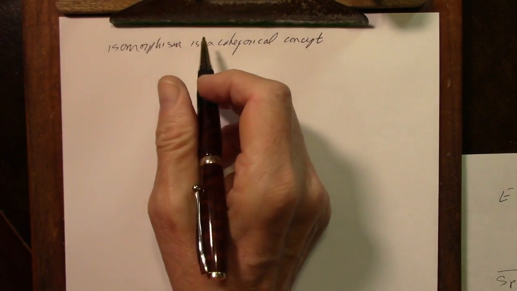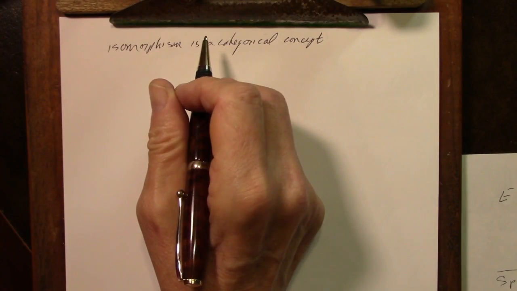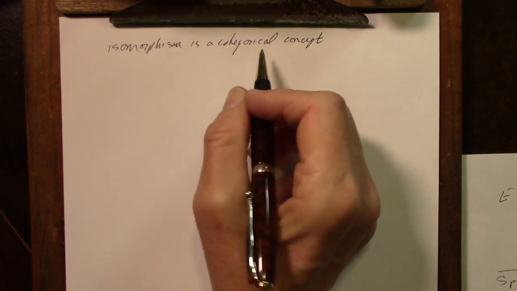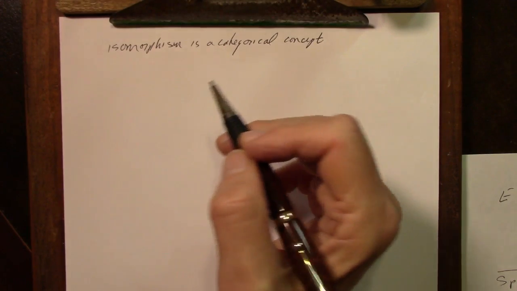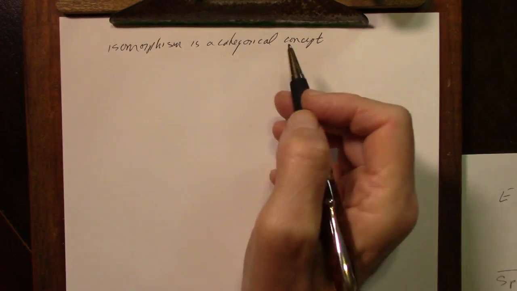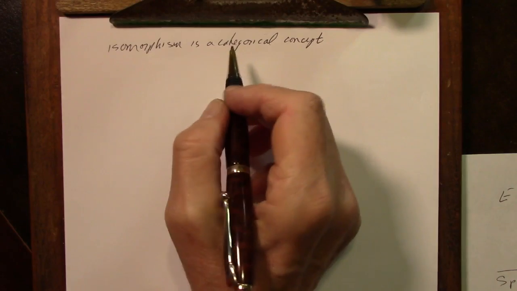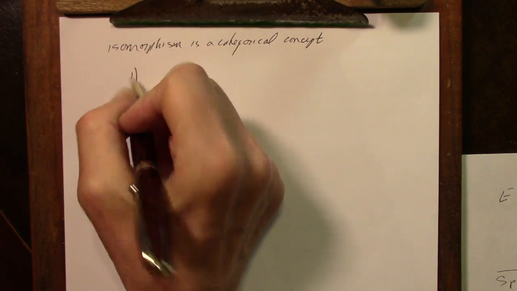For example, in categories where the objects are sets and the morphisms are set functions, like in the category set, group, ring, vector space, and so on, there's two definitions of isomorphism.